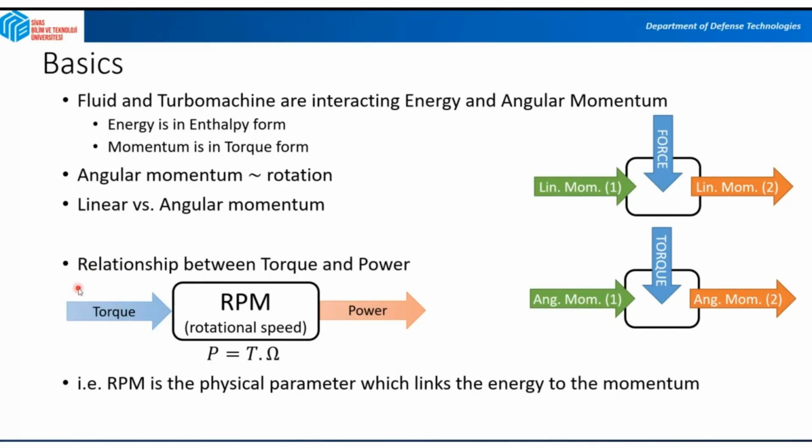And this is a reminder to you, there is a relationship between the power of the turbo machine and the torque of the turbo machine. So what is this relationship? The constant of this relationship is the RPM, or rotational speed, of this turbo machine. Your power is your torque times your RPM. So this omega is your RPM.